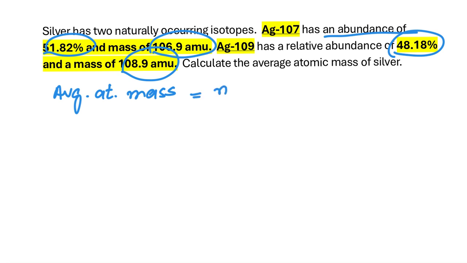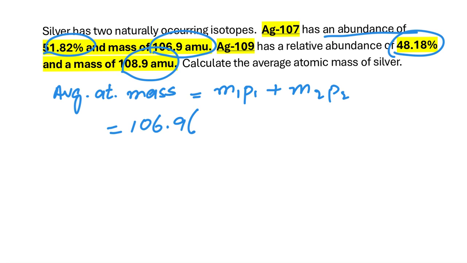To calculate it, we will first write the formula of average atomic mass, which is mass and percentage of the first isotope plus mass and percentage of the second isotope. Now, the mass is given, which is 106.9 for the first isotope times the percentage.